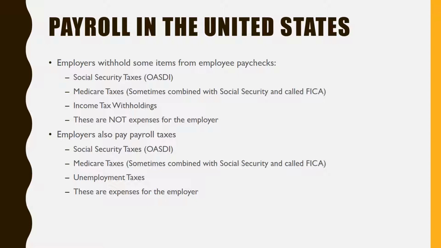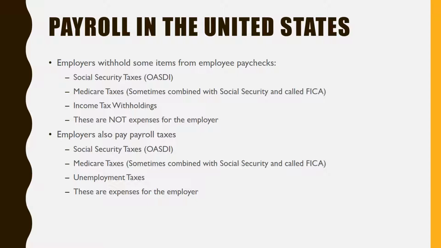But the employer withholds Social Security, which is about 6% of the paycheck, Medicare, which is about 1.5%, and income tax withholdings. They withhold so that you don't have to pay it all on April 15th.